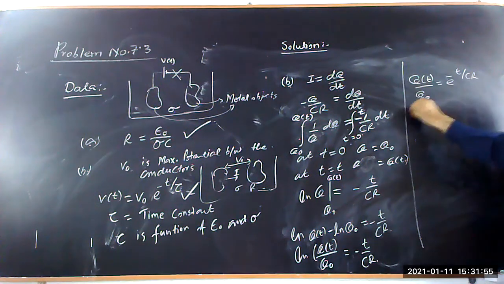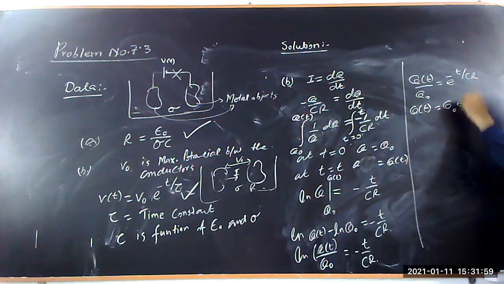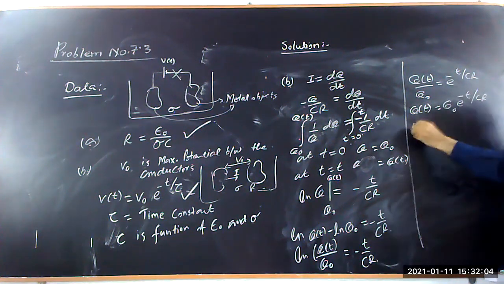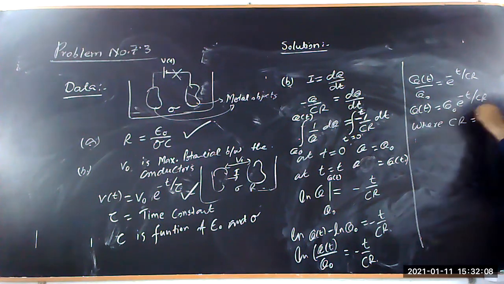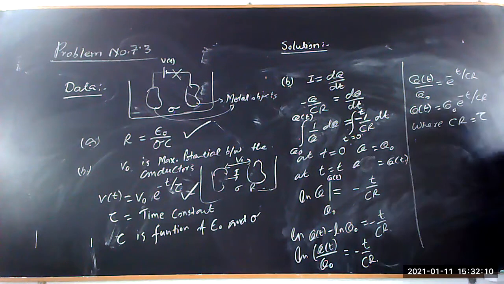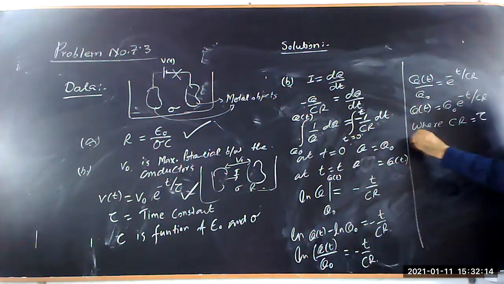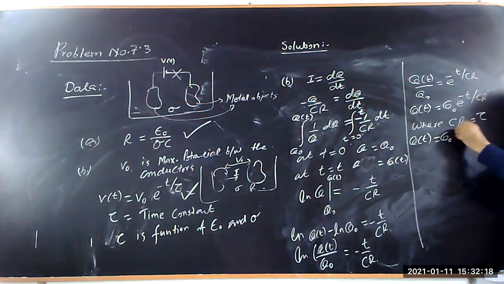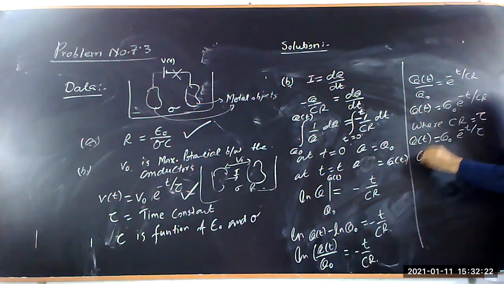So this q of t is equal to q naught e raised to power minus t upon CR, where CR is the time constant tau of the capacitor. So q of t is equal to q naught e raised to power minus t upon tau, where q is equal to CV.